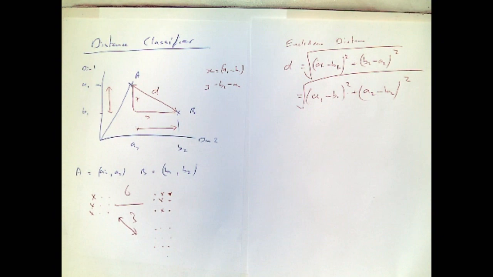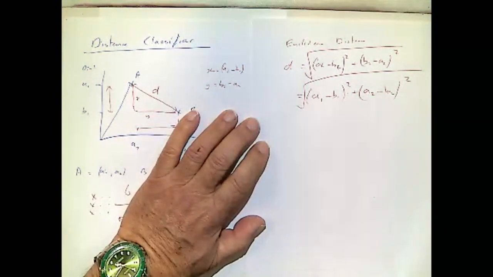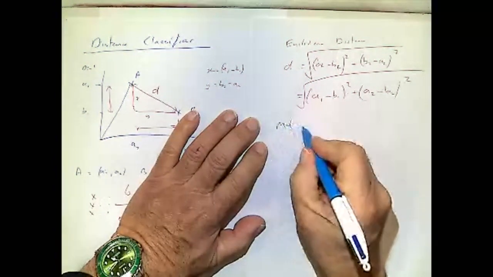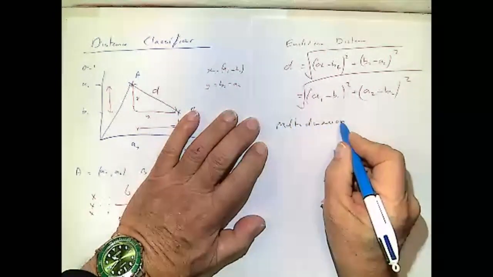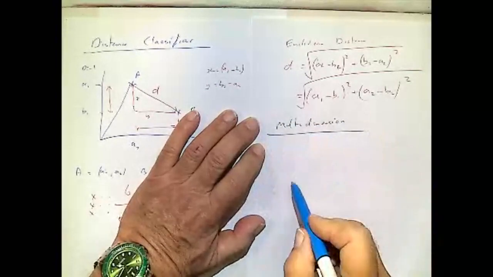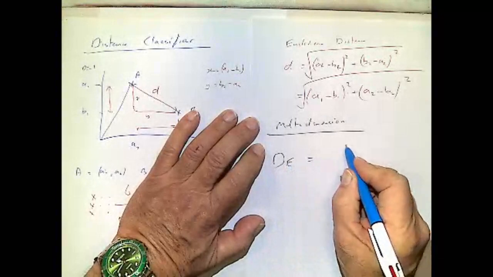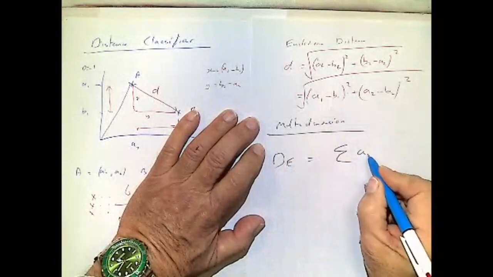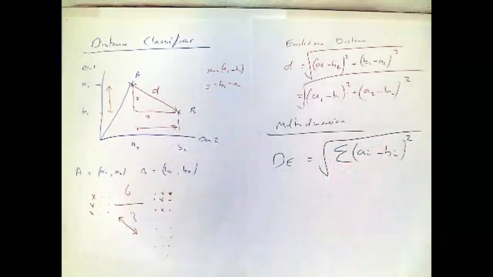By induction, you can conclude that for multi-dimensions, dE is going to be equal to the summation, we're summing them, ai minus bi, all squared, square root. Right.